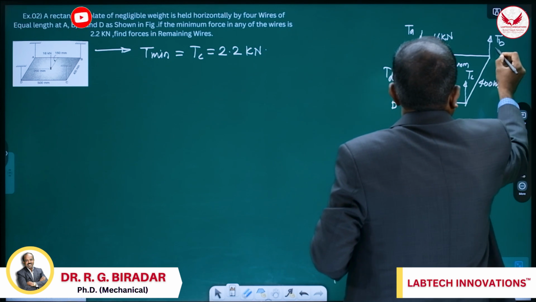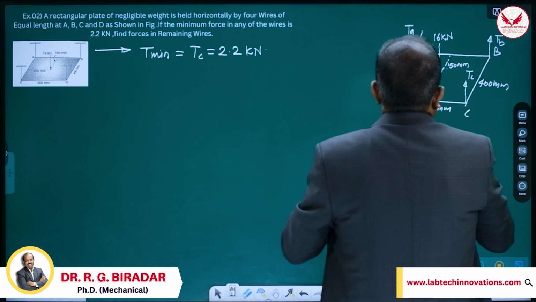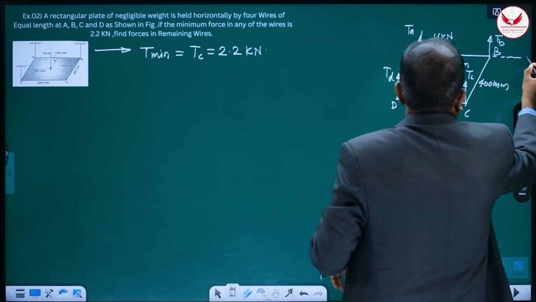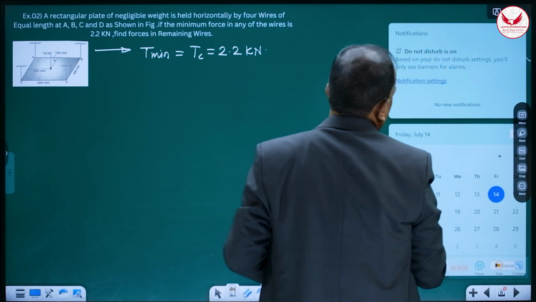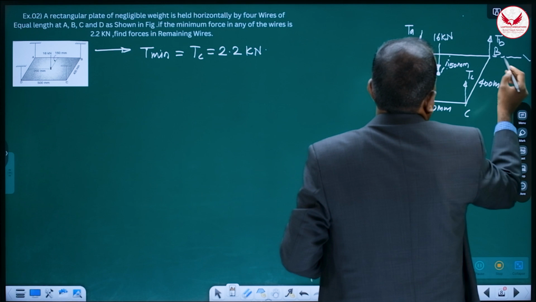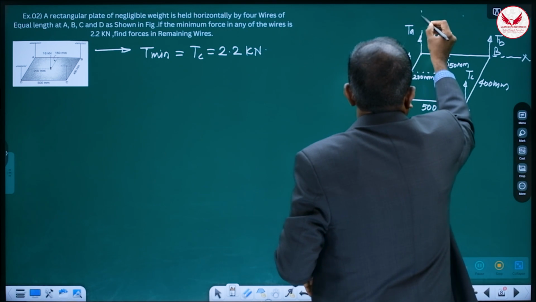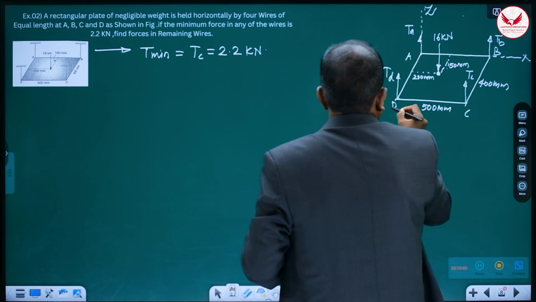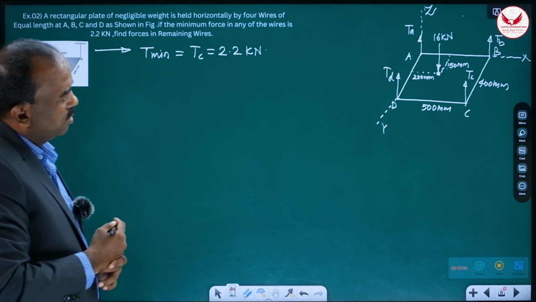A, B, C, D. So, we can consider this side x-axis, this side z-axis, and this side y-axis, or you can consider AB, AD, and that vertical also.